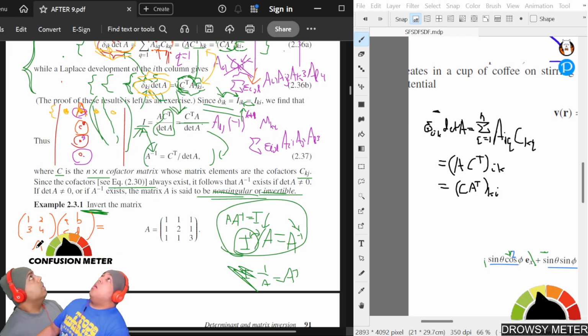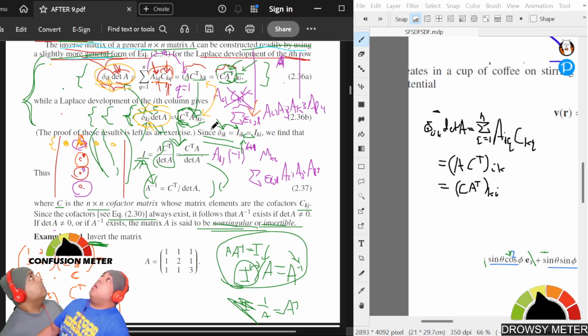We call this A, we call this C. A transpose would be 1, 4, 2, 3. C transpose would be A, D, B, C.